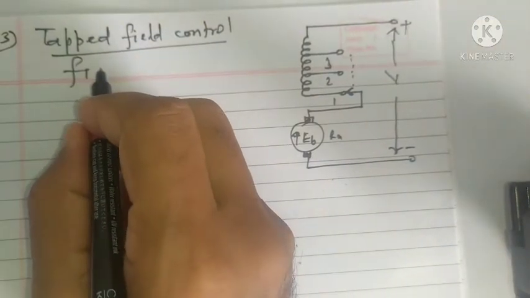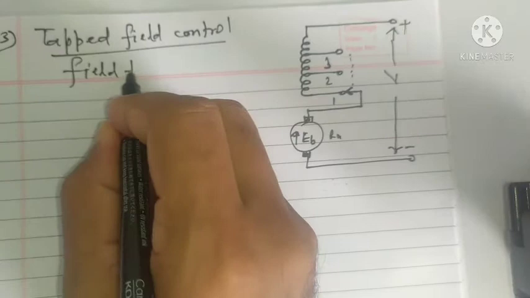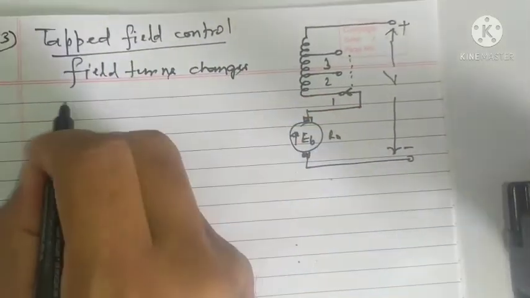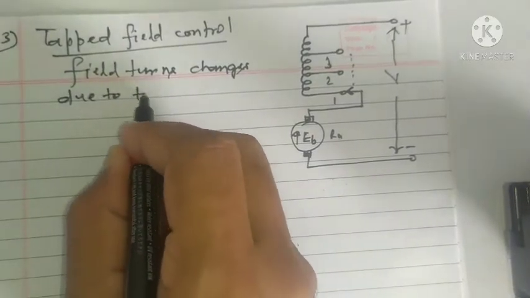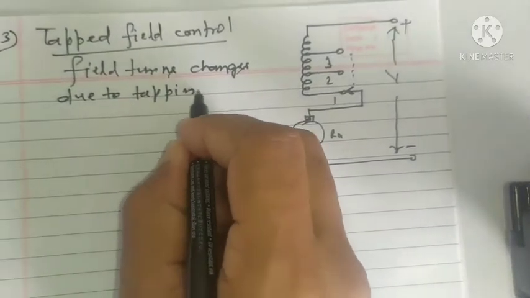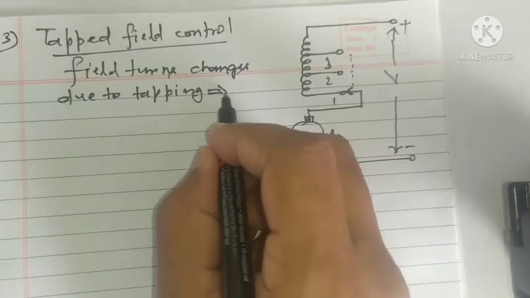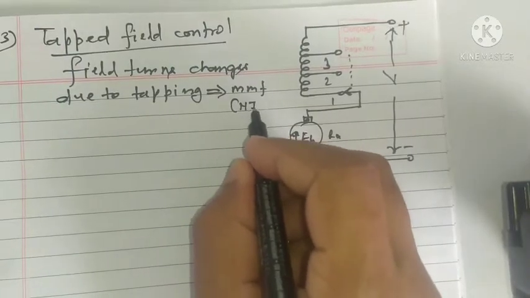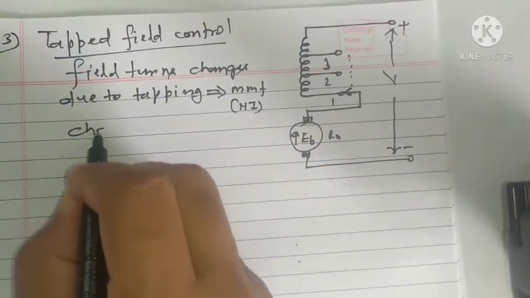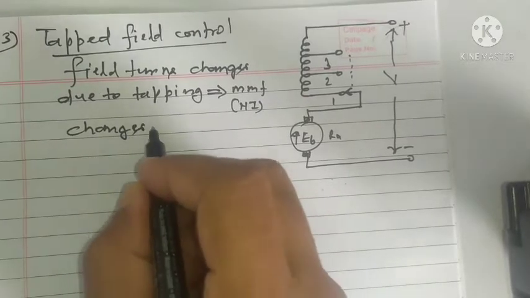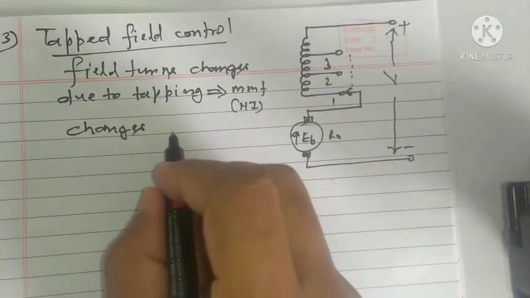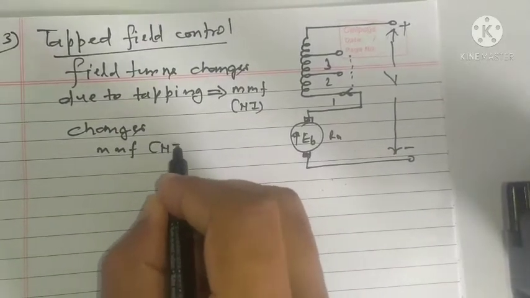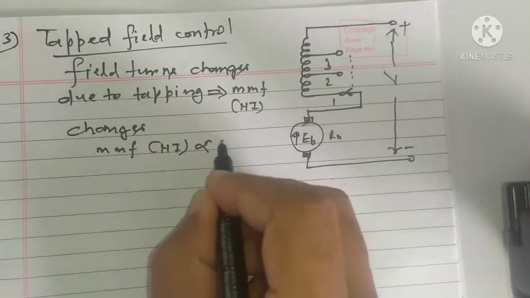Therefore, as field turns change due to tapping, the MMF, which is N into I, changes, and we know MMF NI is responsible for producing flux.